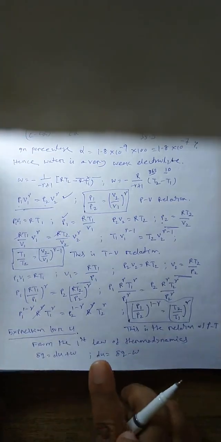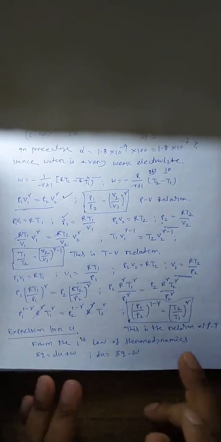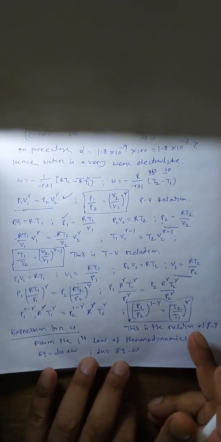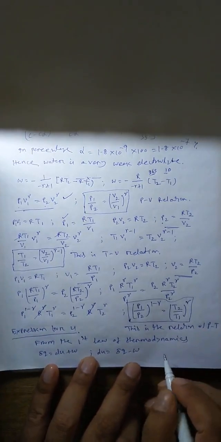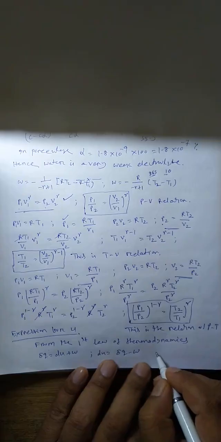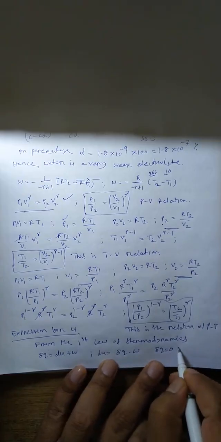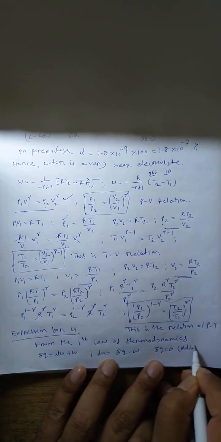Adiabatic process means the process in which heat cannot be exchanged between the system and the surrounding, but work can be exchanged. As heat cannot be exchanged, del Q is equal to 0 for an adiabatic process.